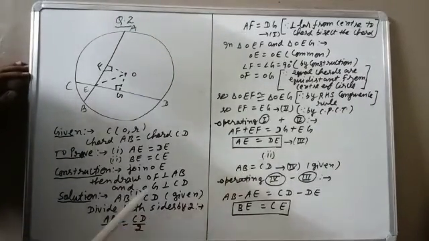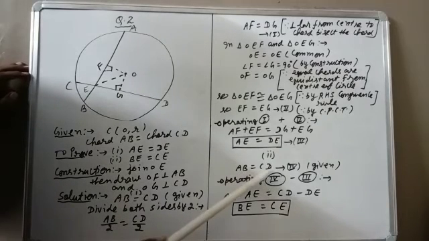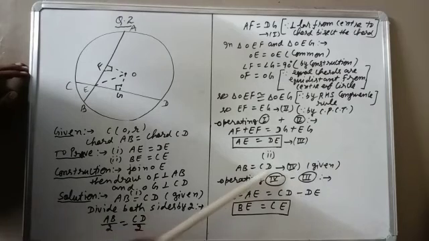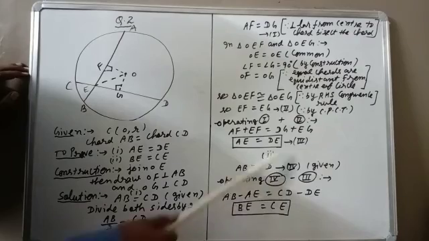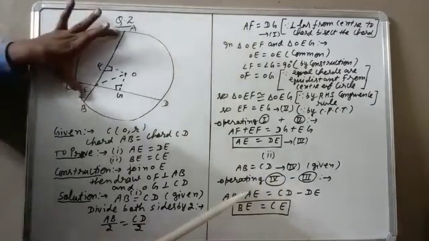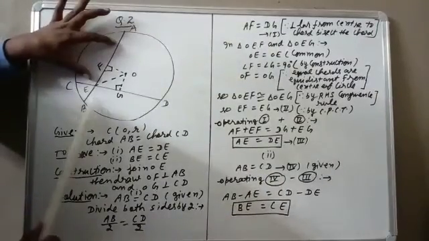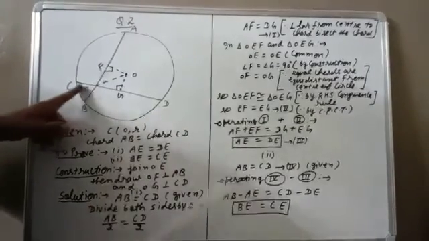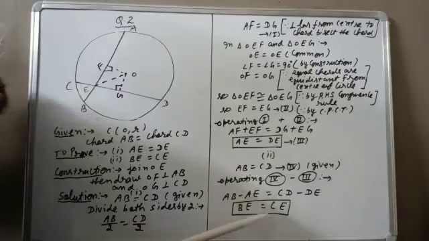Now the second part. Again we will write AB equals CD. Let this be fourth. We will subtract third from fourth. So operating fourth minus third, AB minus AE, then CD minus DE. AB minus AE means we are left with BE. In the same way CD minus DE means we are left with CE. So this will prove the second part.